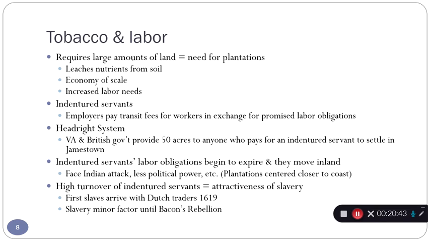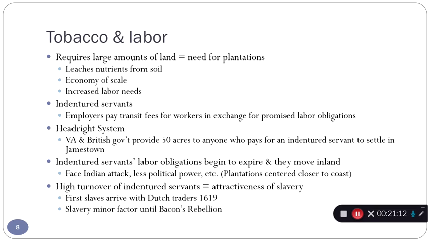So tobacco requires huge amounts of land, partially because tobacco as a plant is very devastating to the soil, right? Most plants, when you plant them, will take nutrients from the soil and use that for themselves to grow. Tobacco does that, but also puts poison into the soil. So it's a really pretty awful plant to try to grow.